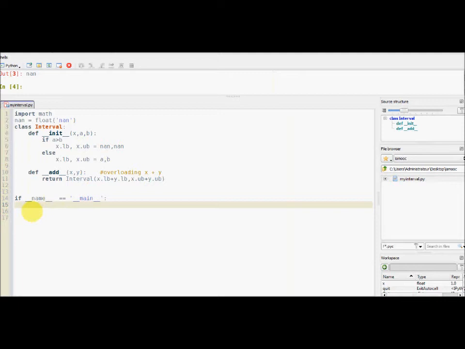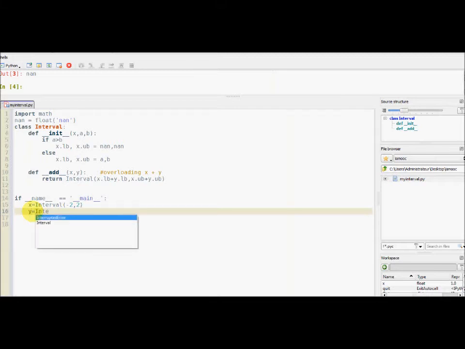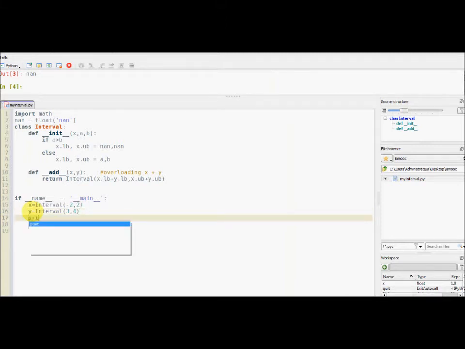So here the main program will say, for instance, x equal to interval of minus 2, 2, y equal interval of 3 and 4, and here I will print x plus y, but I have to define what print means for an interval.